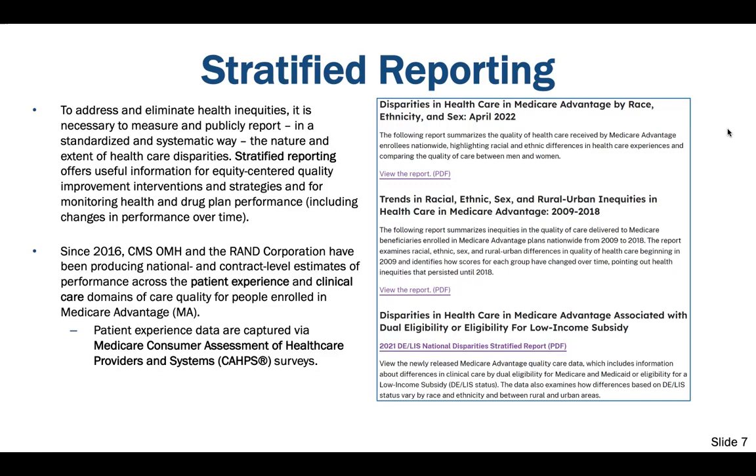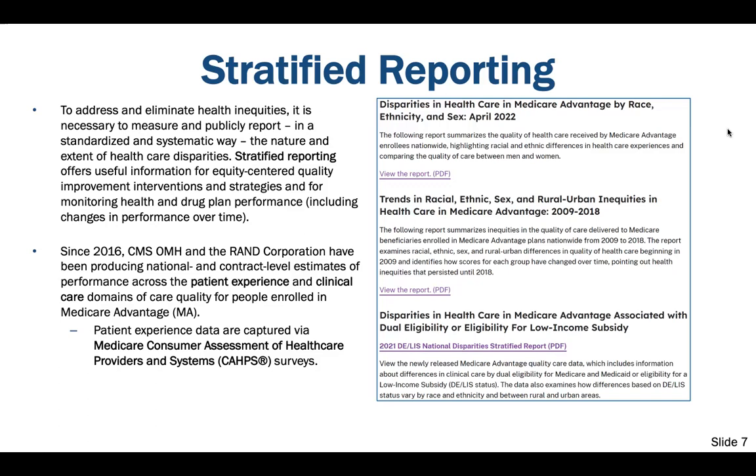And so both stratified reporting at the national level and stratified reporting within individual plans, for example, became a priority. They began by doing this with respect to race and ethnicity, and this has expanded over the years.